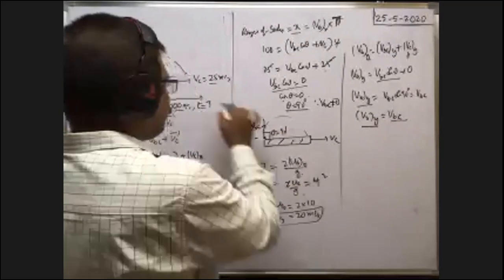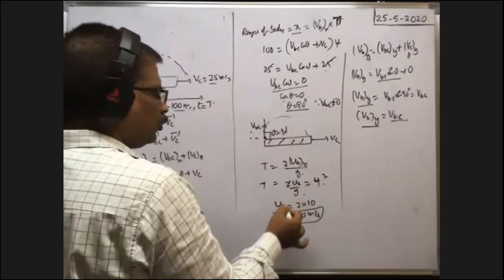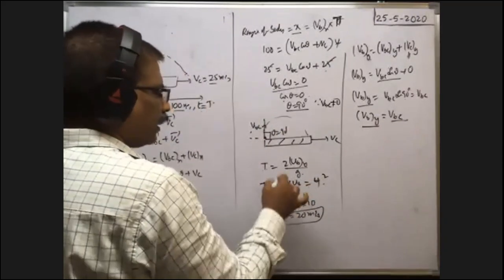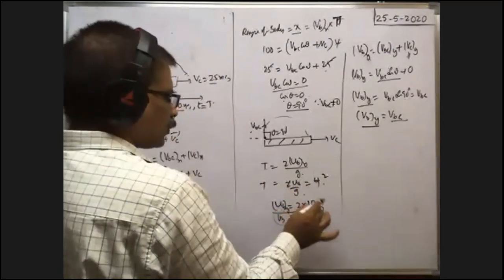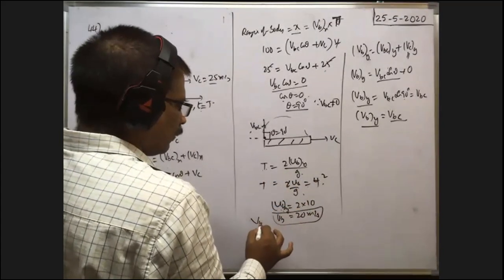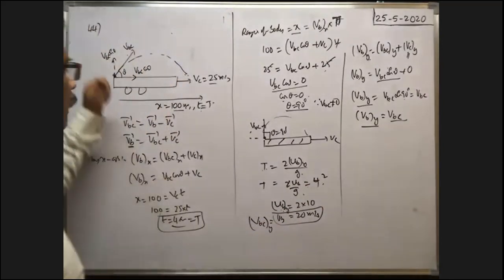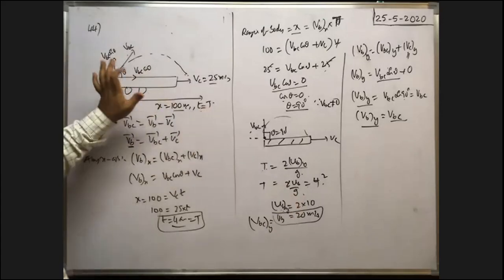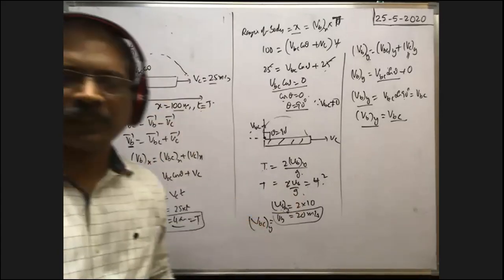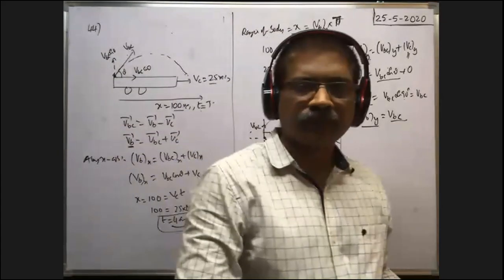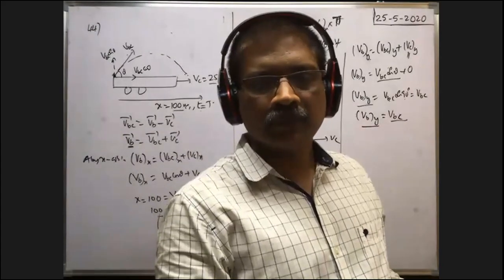That is equal to 4 seconds, which we already got. Then you calculate it. The velocity of the body along the y-axis is also equal to the velocity of the body with respect to the car along the y-axis. So the body is projected with a velocity of 20 meters per second with respect to the car along the vertical direction, that is 20. Okay. Next.